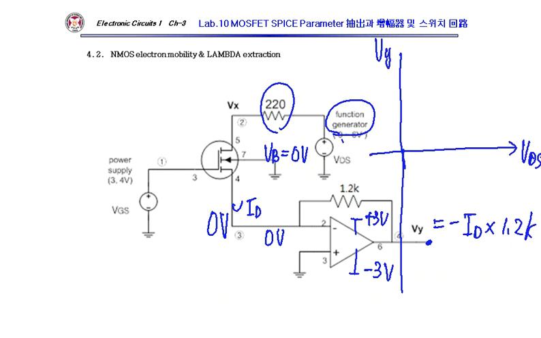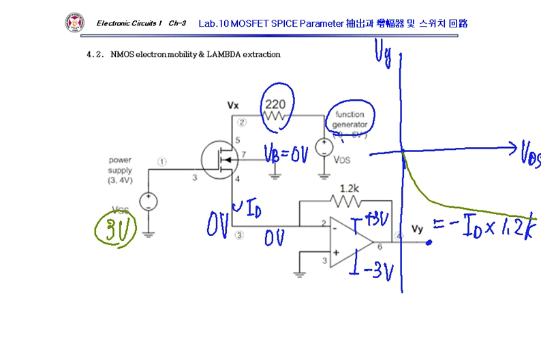It is a constant VGS curve, right? My gate source voltage is fixed at 3 volt or 4 volt. Threshold voltage is maybe less than 2 volt, okay? So from here, you can expect mobility.